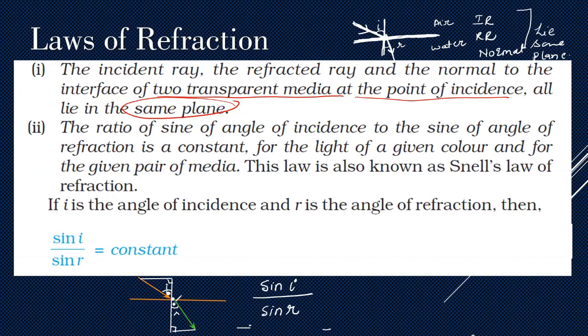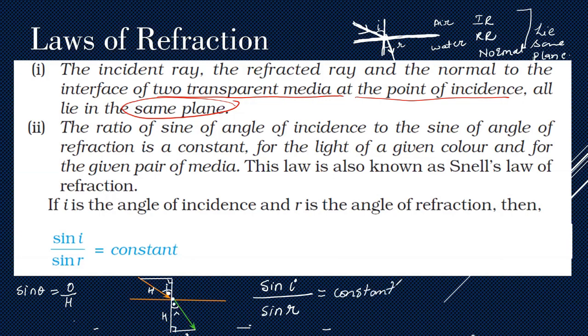We know the sine function: sine theta is always opposite upon hypotenuse. For this theta, this is the opposite side and this is the hypotenuse, and for this theta, this is the opposite side and this is the hypotenuse, right? So the ratio of the sine of the angle of incidence to the sine of the angle of refraction is always a constant.